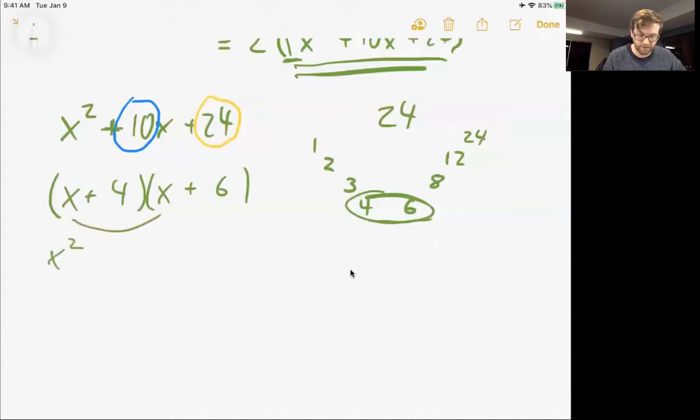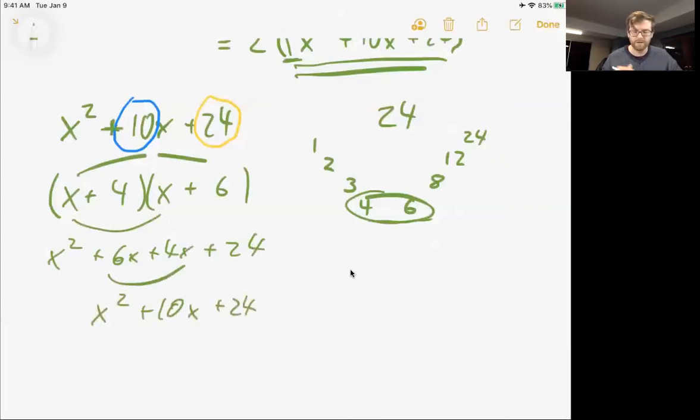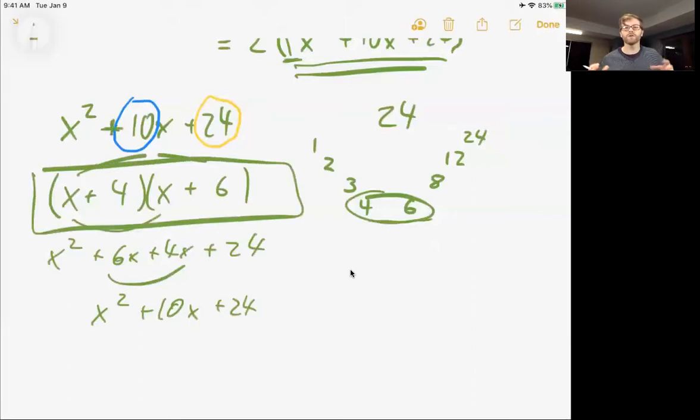First, x squared, outside, 6x, inside, plus 4x, plus last, 24. Remember those combine. It's x squared plus 10x plus 24. Okay, so we really did get it. We've got the two binomials, which when multiplied together equal the expression that we started with. And that process is called factoring.